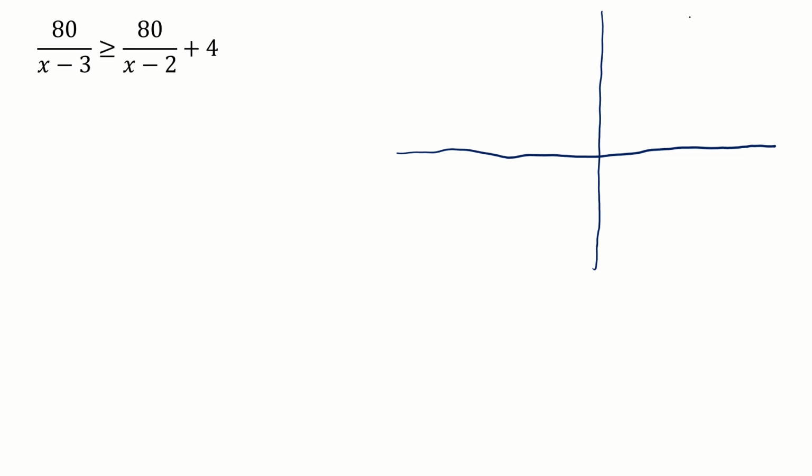That means its vertical asymptote is at x equals 3. So putting that into practice, we're going to end up with a graph that looks something like this. Poorly drawn, but it doesn't really matter. We're just using this as a tool to help us solve the inequality.